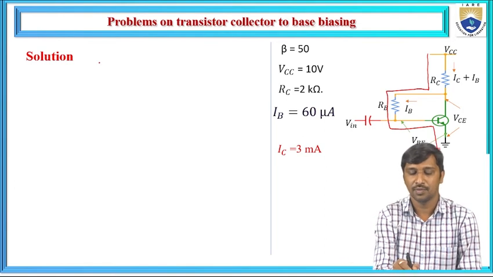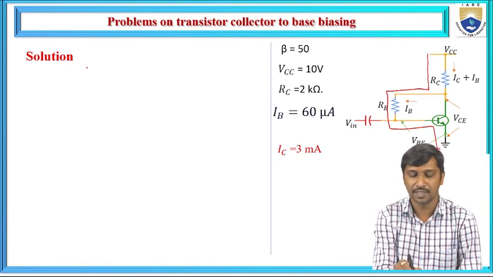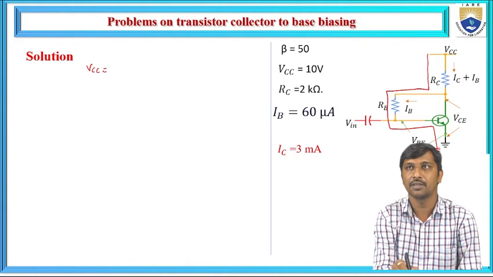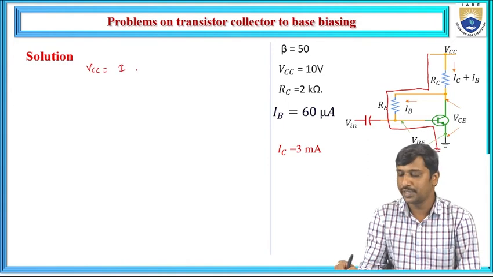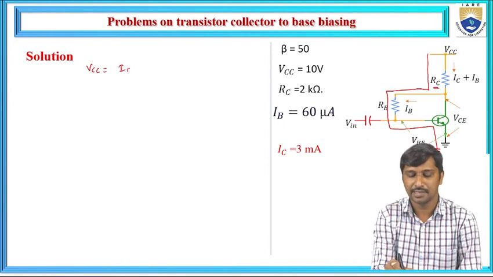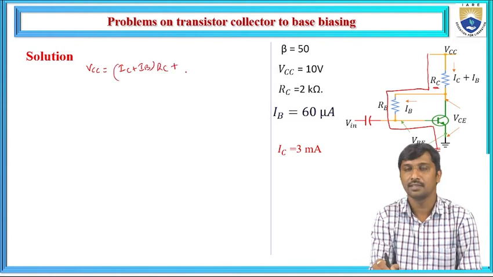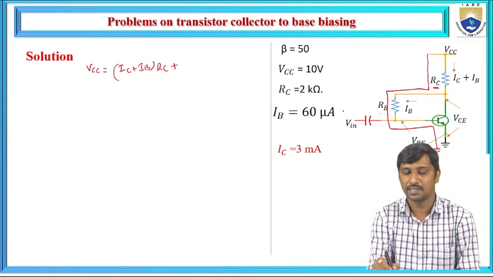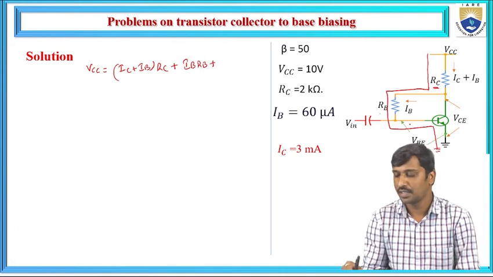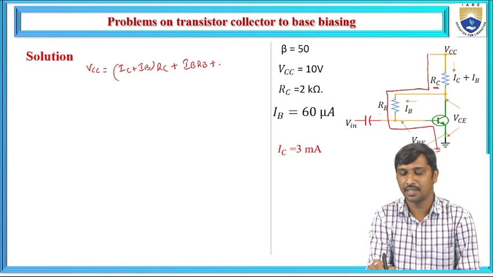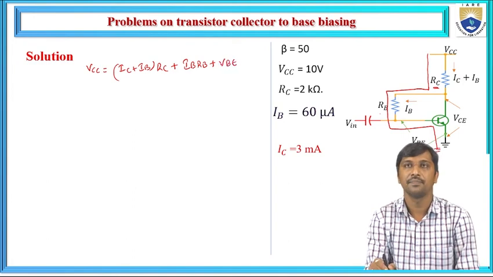The KVL loop equation is VCC equals the voltage drop across RC, which is IC plus IB times RC, plus the voltage drop across RB, which is IB times RB, plus the potential difference between base and emitter, VBE.